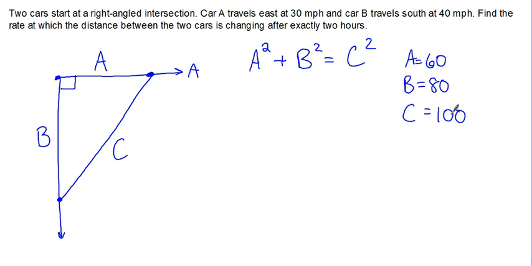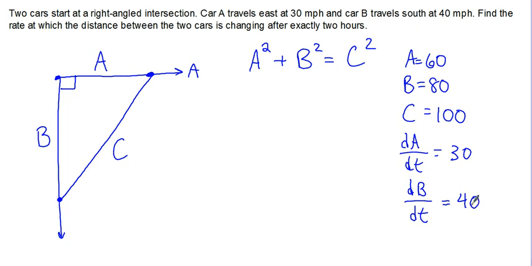The rate at which A is changing, or dA/dt, is 30 miles an hour. The rate at which B is changing, or dB/dt, is 40 miles an hour.